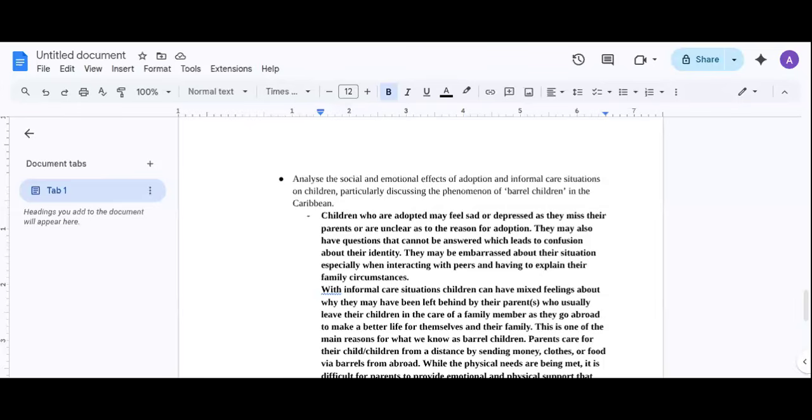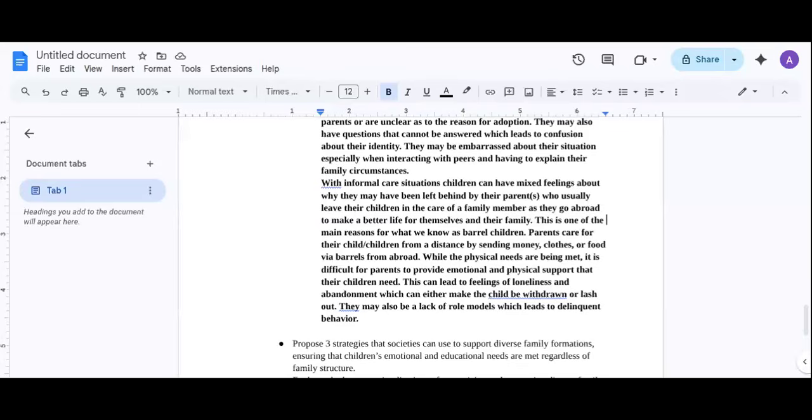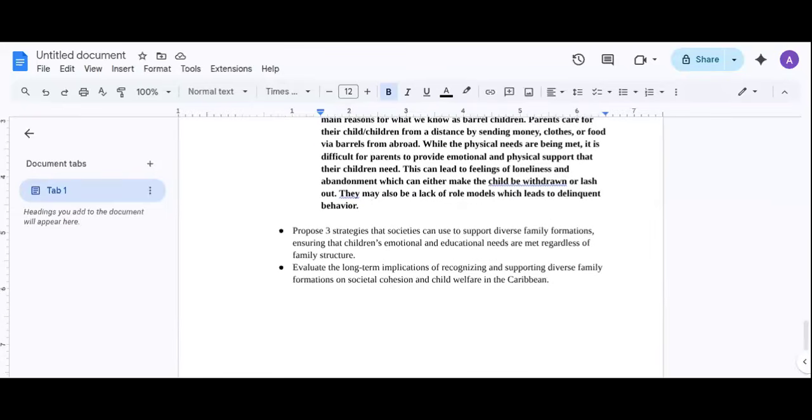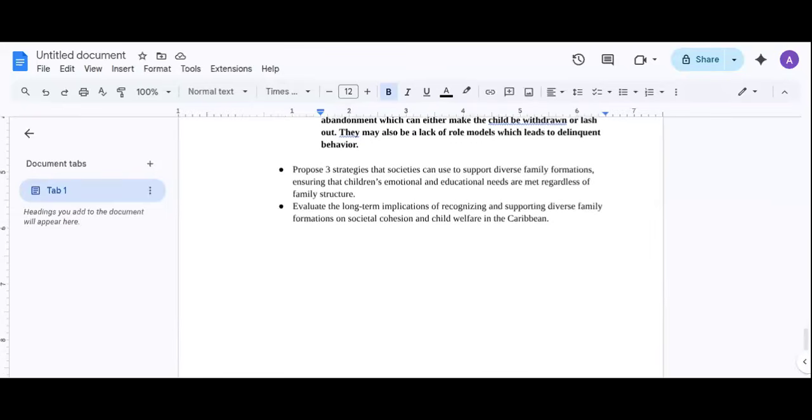The informal care situations may be that the child is left with their grandparents or aunts or uncles, or even the older siblings may have to care for their younger siblings in the absence of their parents being abroad. So that will cover that entire analysis there.